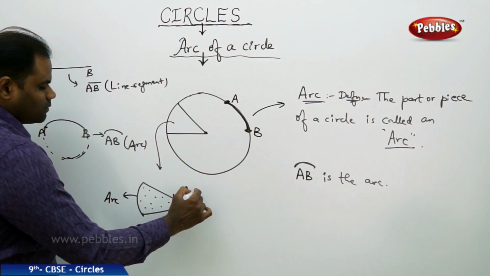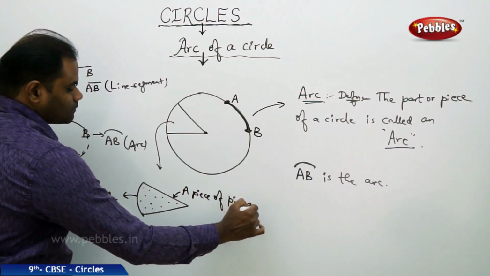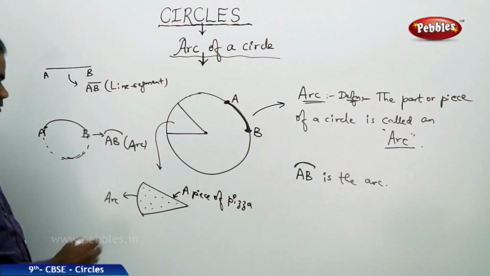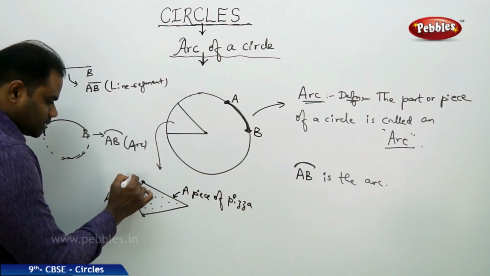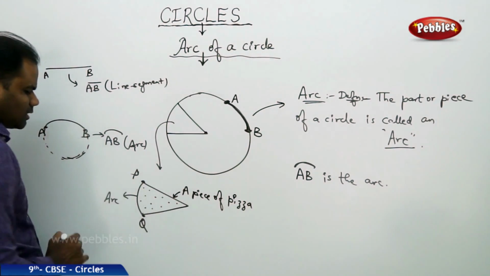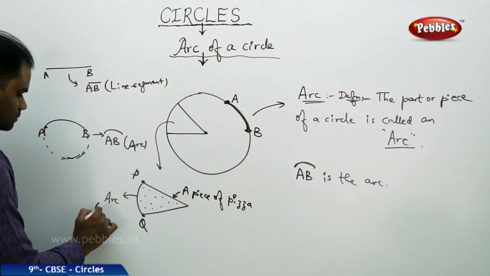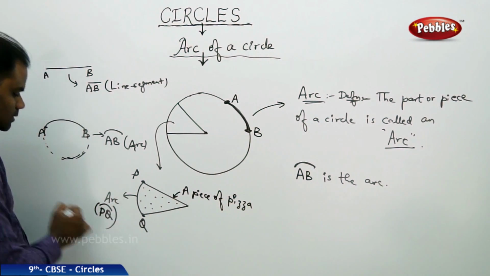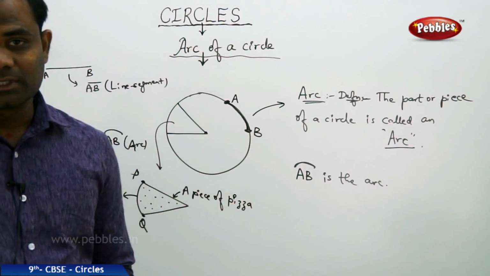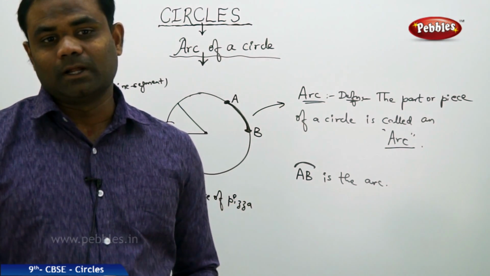A piece of pizza connected with an arc. So the outer face with endpoints taken as P and Q defines an arc. So PQ is an arc with its symbol. That's how we understand arc of a circle. A part or piece of a circle is an arc.